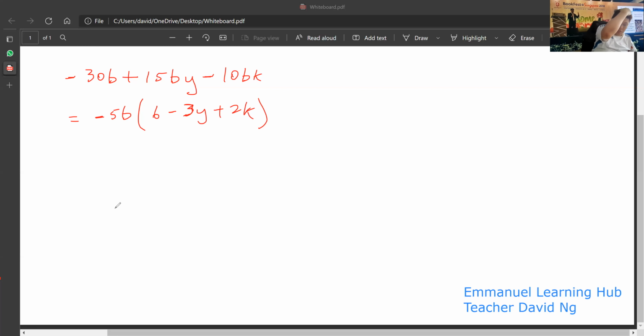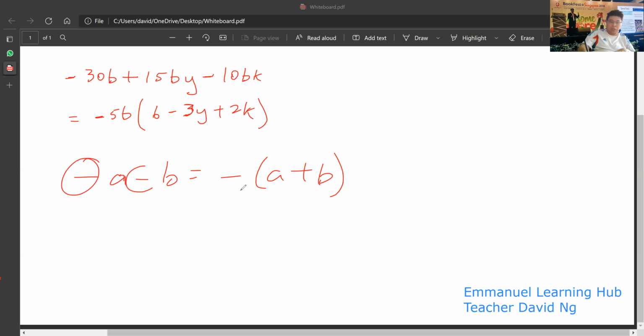Factorize. Okay? Then another one more. Understand now? Sign also can take out.